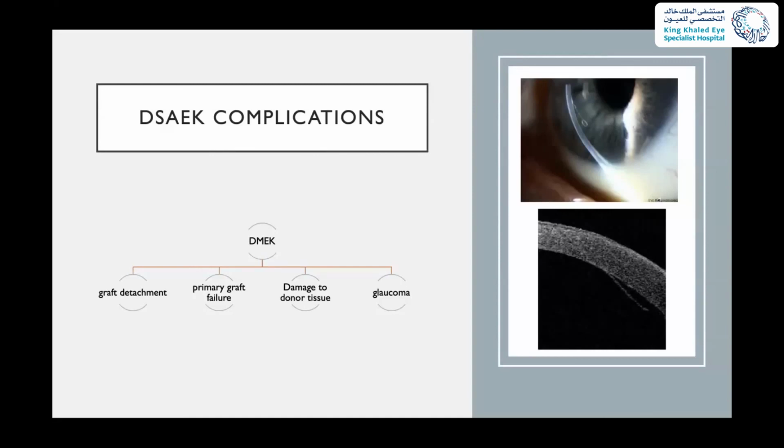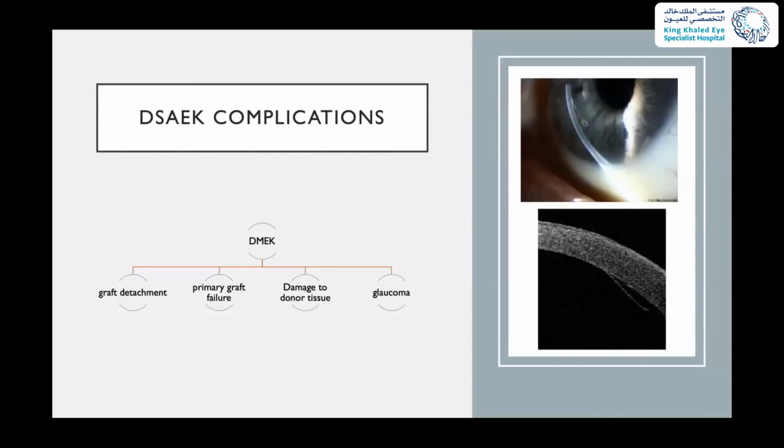So the surgeon experience plays a major role in this complication post-DMEK. Also, there have been some advances in the surgical technique, and additionally, the use of SF6 gas appears to decrease this rate. Other complications include primary graft failure.